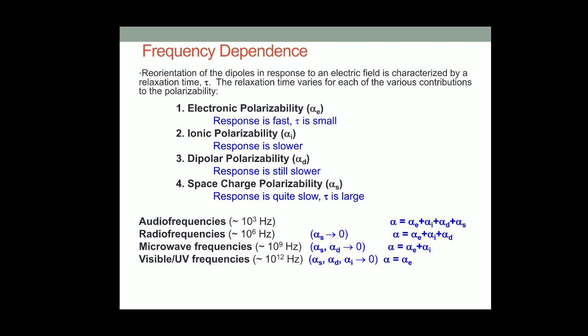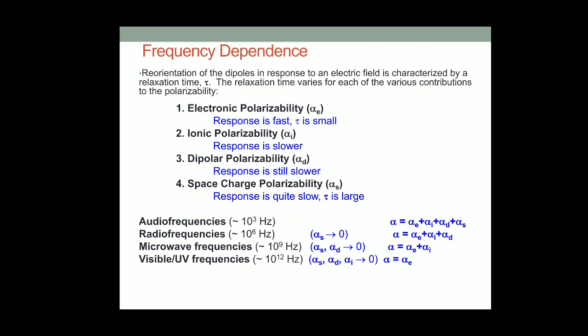The reorientation of the dipoles in response to an electric field is characterized by the relaxation time. Relaxation time is the time taken for the polarization process to reach 0.63 of the maximum value of polarization. The relaxation time varies for each of the various contributions to the polarizability.